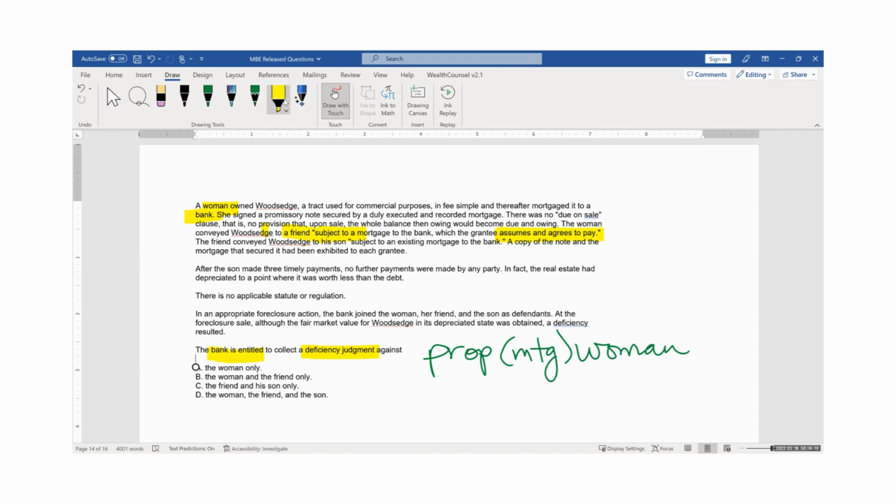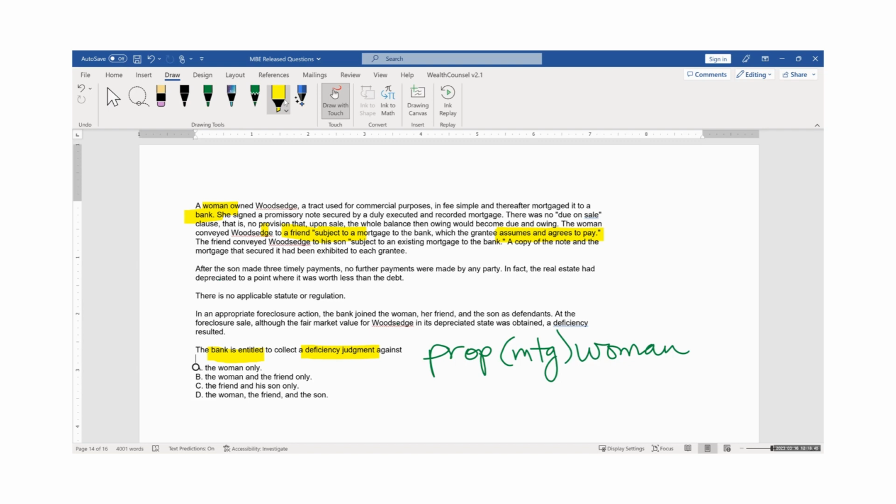You should be thinking of the term taking subject to a mortgage in this context, not so much that they are not responsible for the mortgage, but when you take subject to a mortgage, think of it as you're taking the land that is also tied to the mortgage. They're qualifying this by saying that which the grantee assumes and agrees to pay.